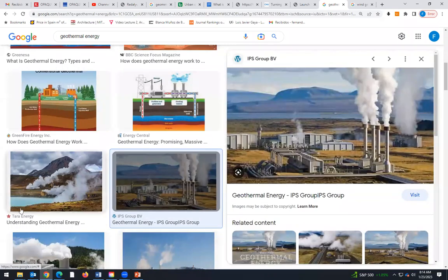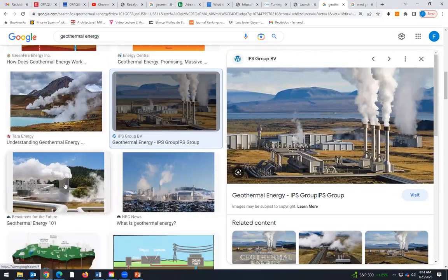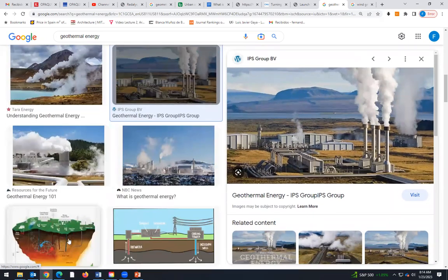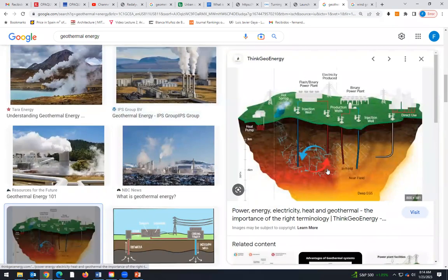But again, we can do this only at specific points in which this heat source is shallow enough. If it's too deep, we can't do that. But this is what we consider the geothermal energy.